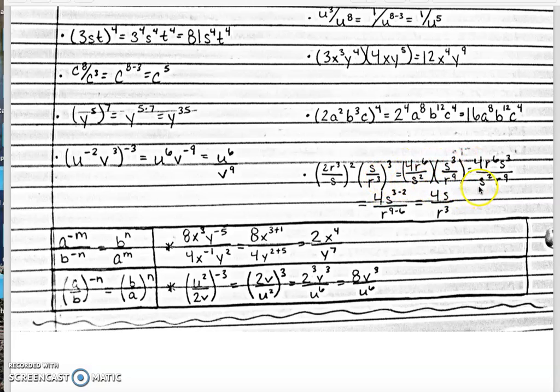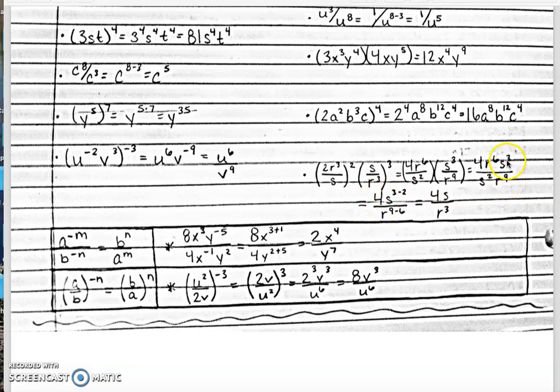And just multiply straight across. So the 4 stays, the r to the 6 stays, and then the s cubed joins those. Then I have s squared and r to the 9. Now my last step is to combine across the fraction bar. So again, we leave the largest exponent and then move the smaller one and subtract it. So the 4 stays because I can't do anything with that.